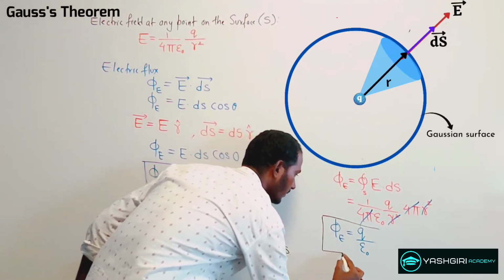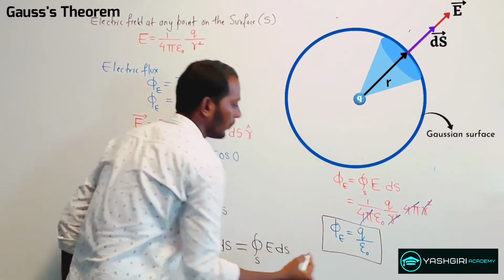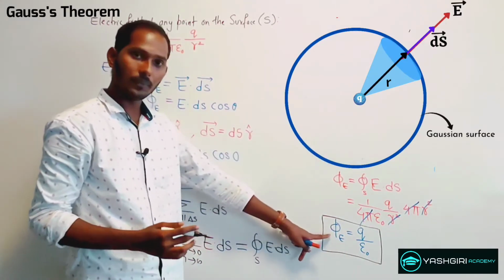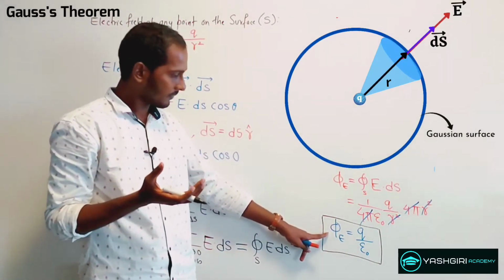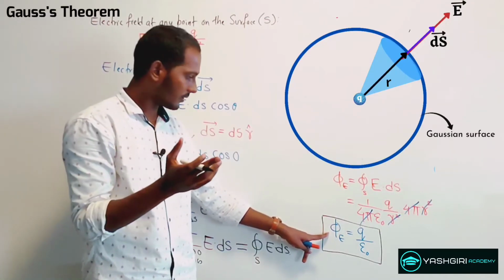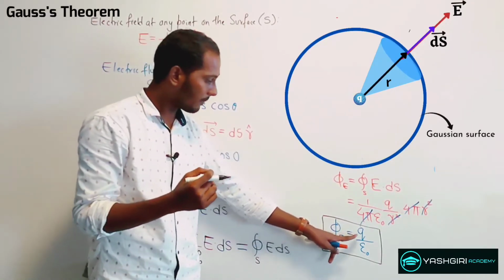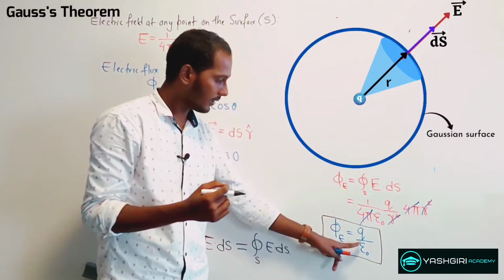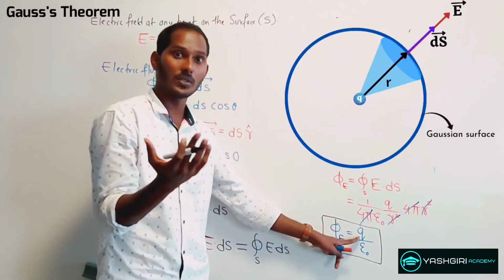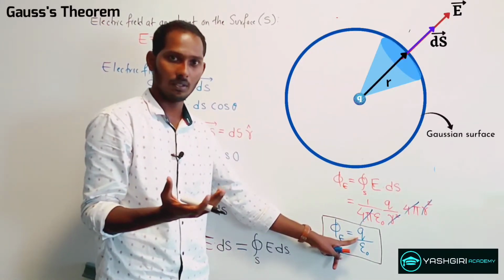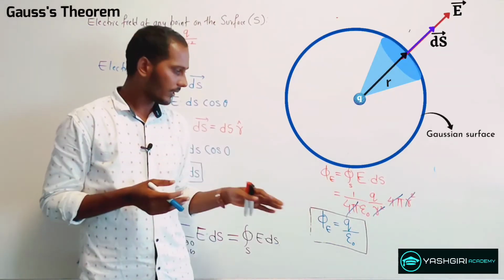So this is the Gauss law, which says that the total electric flux passing through any closed surface is equal to 1 by epsilon naught times the total charge enclosed within that surface. Now, a few points regarding this Gauss law.